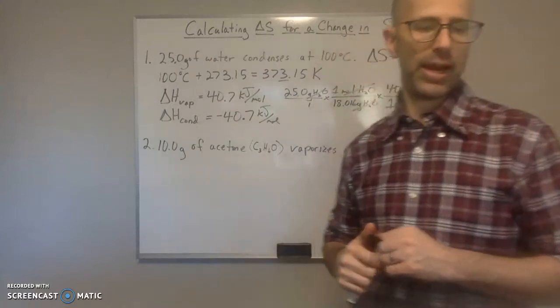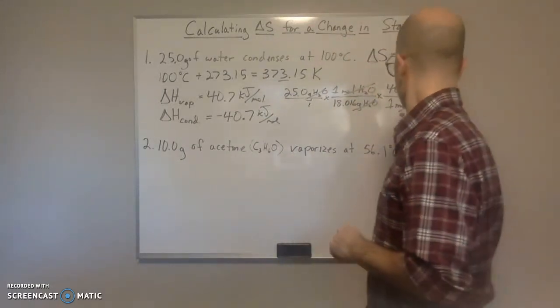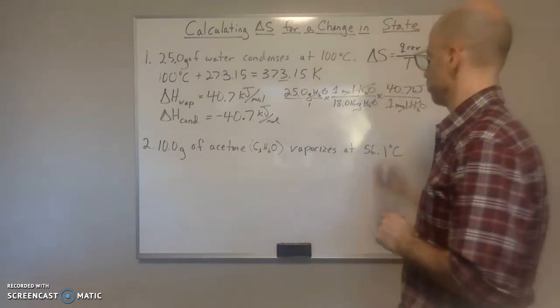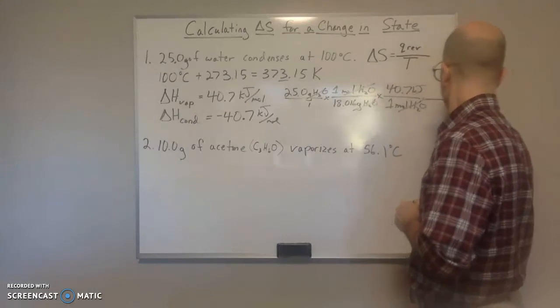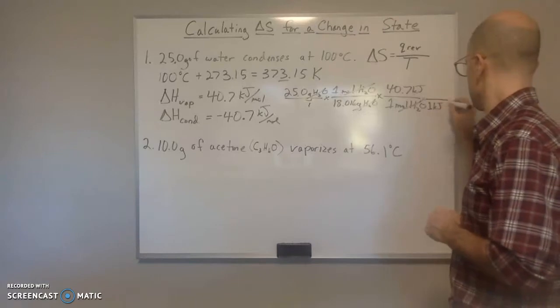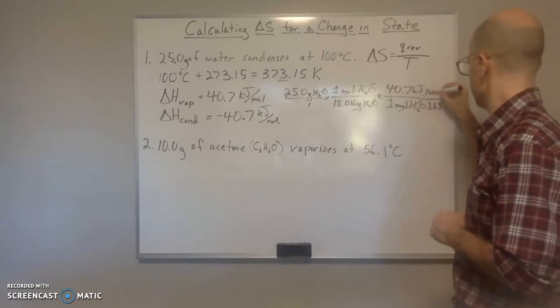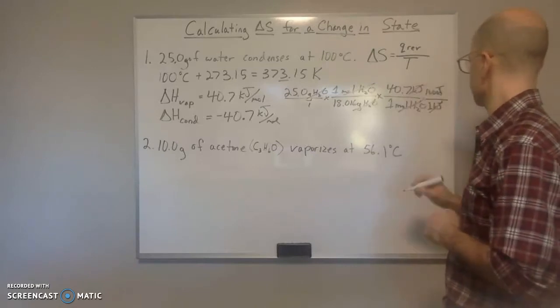And now we have kilojoules, but we want joules. So one more conversion: 1 kilojoule on the bottom and 1,000 joules on top. Kilojoules cancels out.